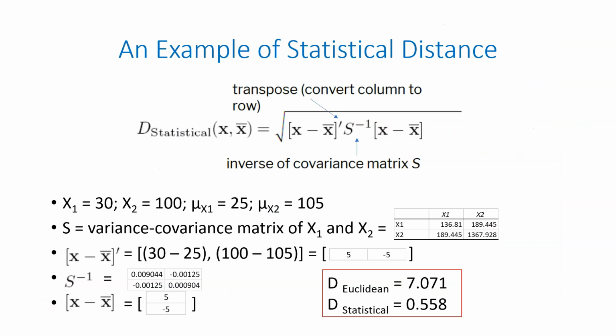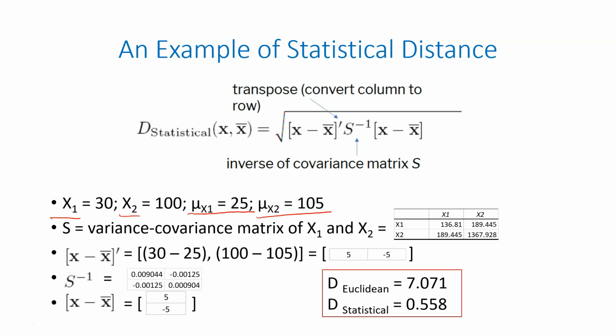Now to illustrate the concept of statistical distance, let's look at a simple example of how statistical distance can be computed. Let's say we have two variables, x1 and x2. The average value of x1 is 25, therefore mu x1 equals 25, whereas the average value of x2 is 105, so mu x2 equals 105.